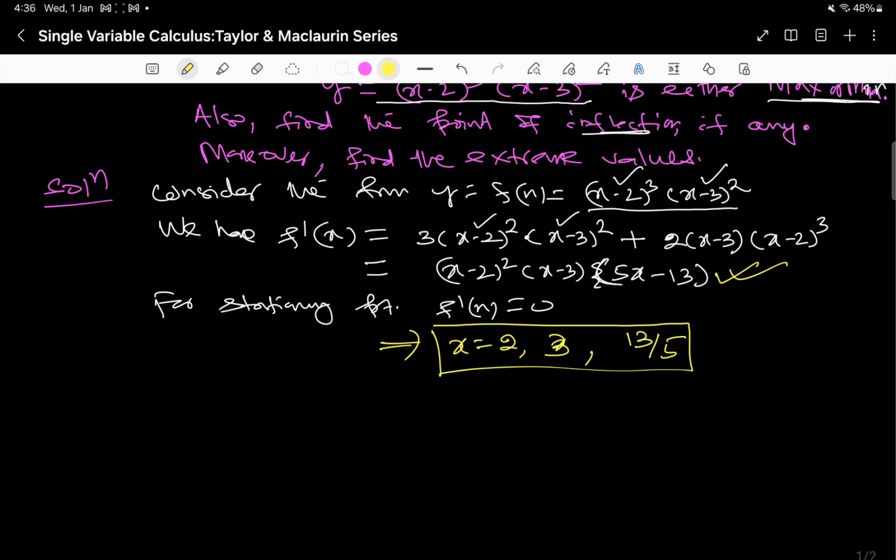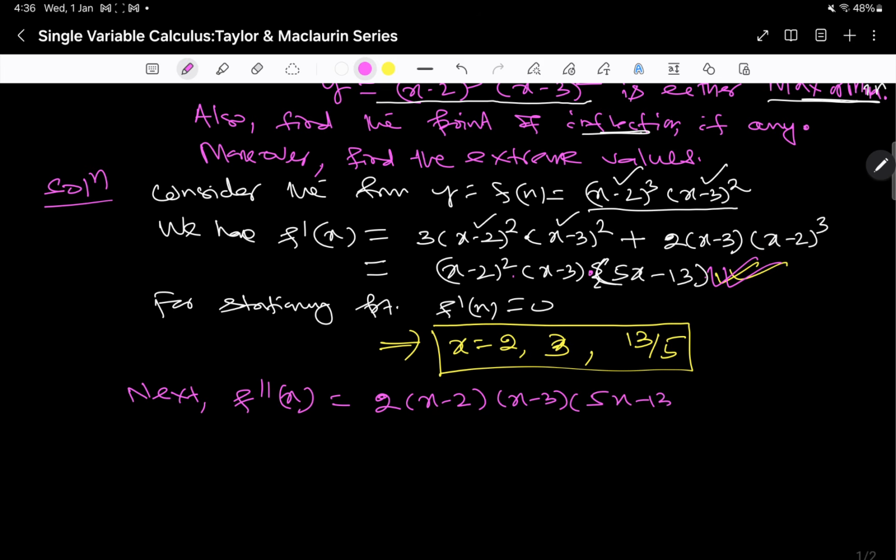Now prior to that, what is my f double dash x? Next, here f double dash x, right, we differentiate it again. So it is the product of 3 functions, right? So derivative of first twice (x - 2) and here second and third remain silent. Now plus first silent, derivative of second is simply 1 and third silent (5x - 13), plus first remains silent, second remains silent, derivative of the third one is here 5.